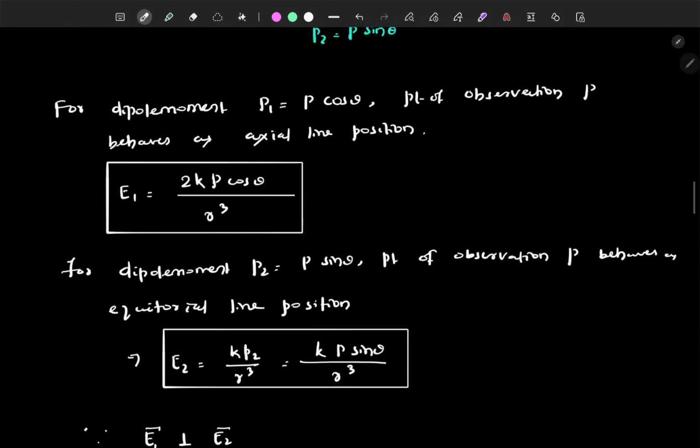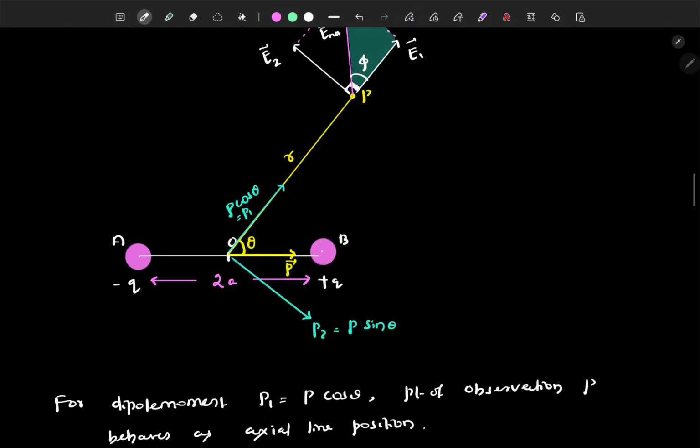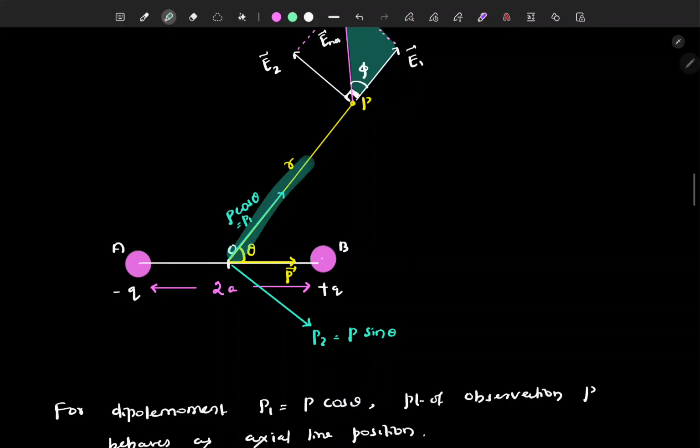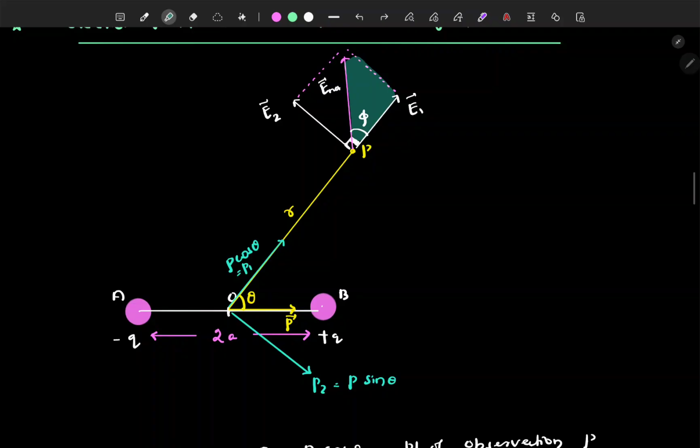Theta is the angle between r vector and p vector, and phi is the angle between E net vector and E1 vector. If a question comes, what is the value of theta plus phi from the figure?